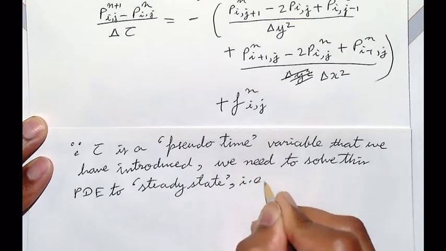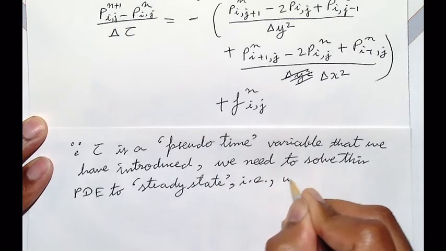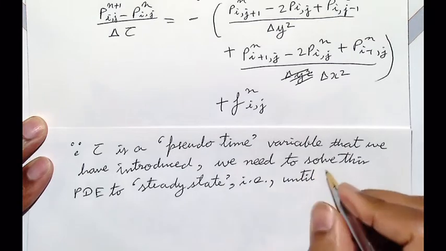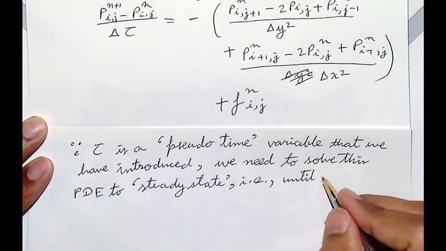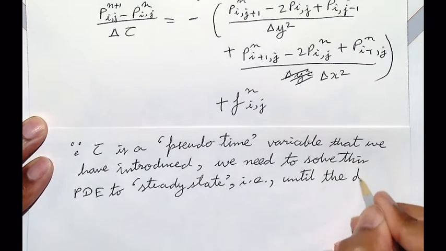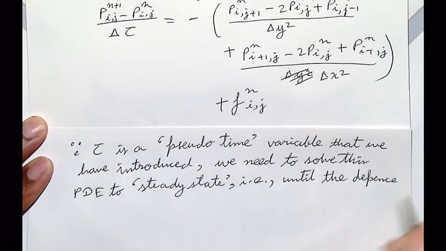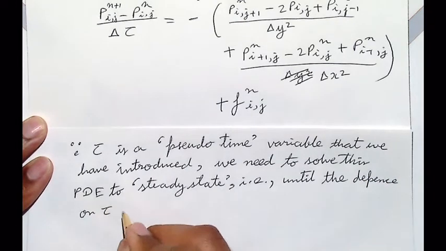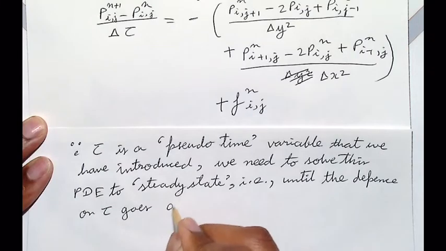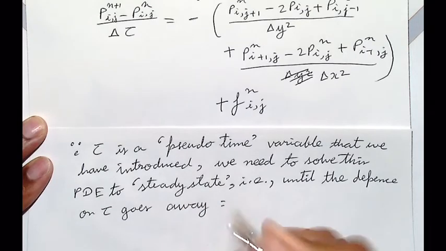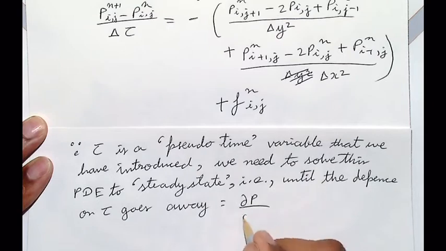That is, until the dependence on tau goes away, which mathematically is basically del p by del tau is 0.